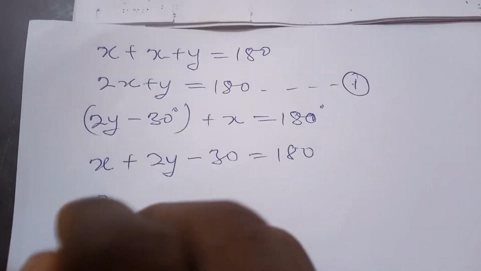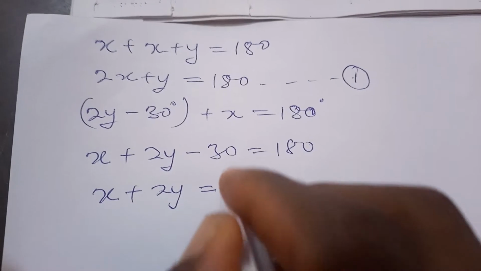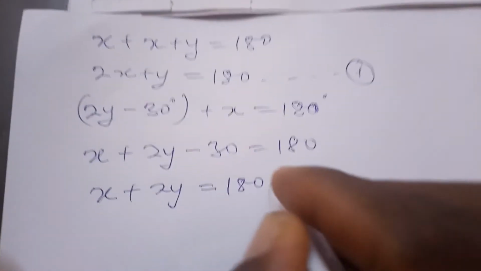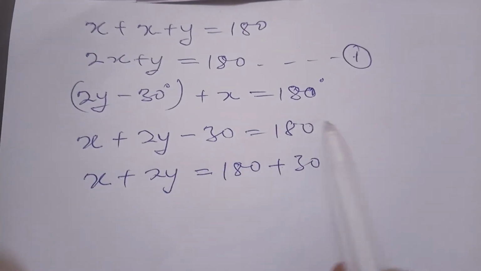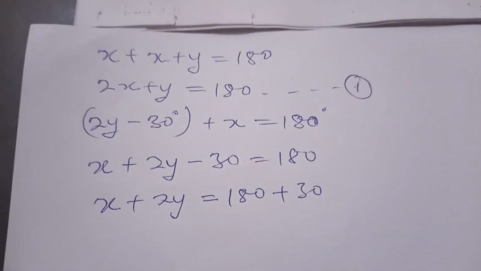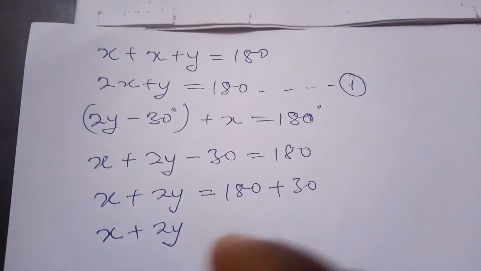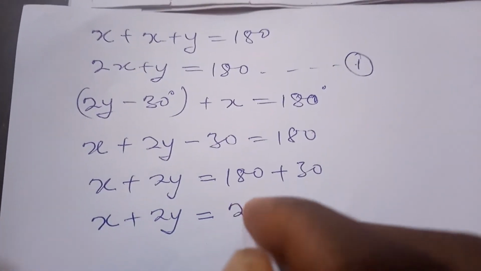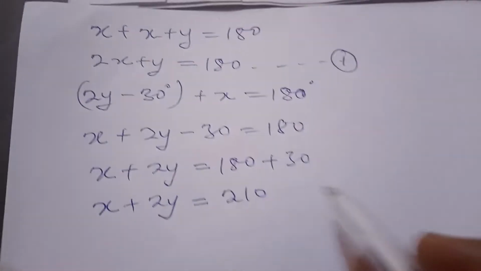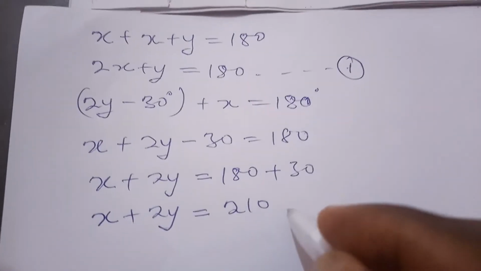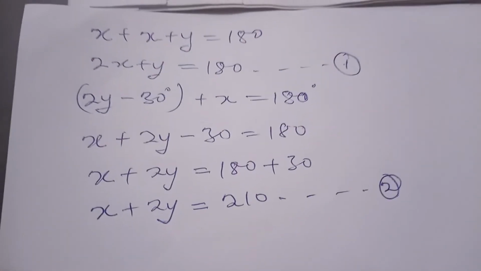We have x plus 2y equals 180 plus 30, because this is negative, it becomes positive. That will give us x plus 2y equal to 210. Again, this is not the final stage, so we call it equation 2, which means we have not finished with it.